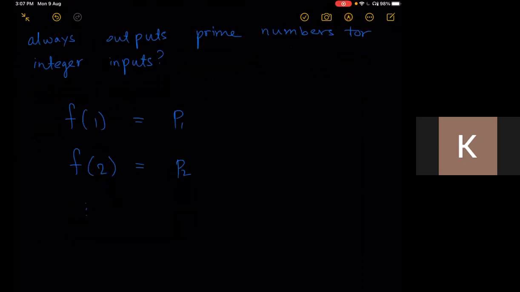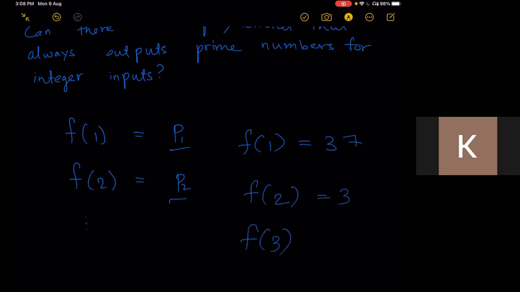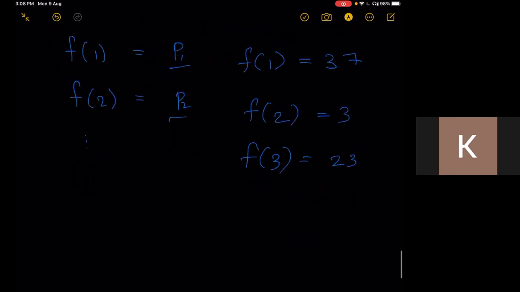Whatever number you put, you will get a prime number only. This may not be the first prime, second prime, like that. It may be the case that f(1) is 37, f(2) is 3, f(3) is 23, f(4) is 2. The order does not matter. We just need prime outputs. Is it possible? This is the question.